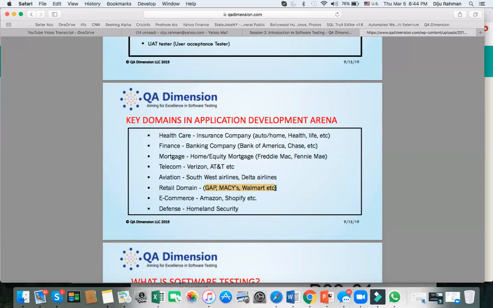Does an e-commerce business not have any physical location? No, it can have a physical location, but they also provide their service online. That is the difference. Macy's, Walmart, Gap and all, you can also buy stuff online from Macy's.